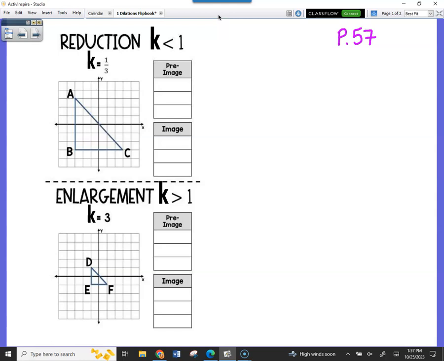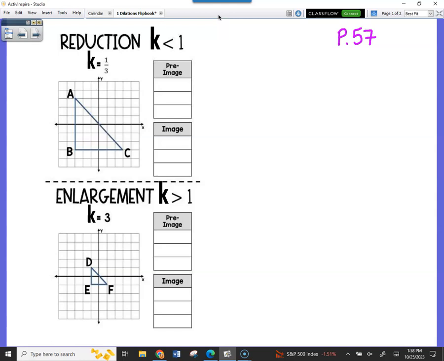Let me back up. You see how there's the letter K here? Do you remember slope? What letter was represented by slope? M. Scale factor is represented by the letter K. Don't ask me why, but it is.